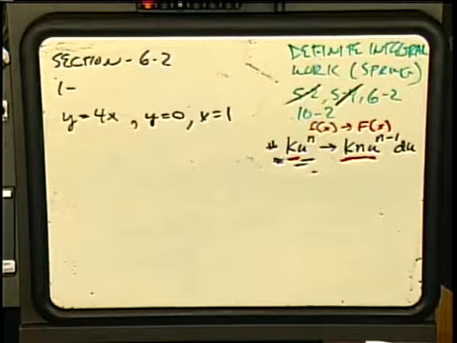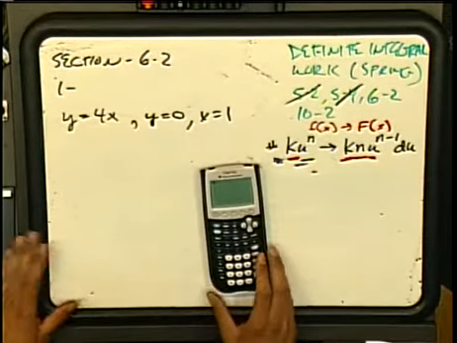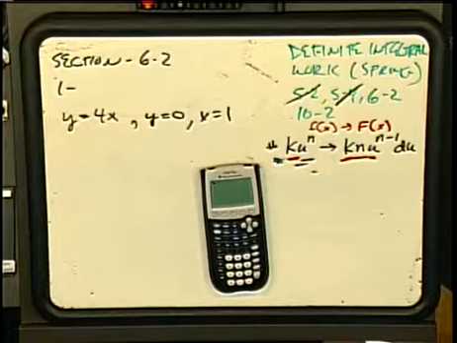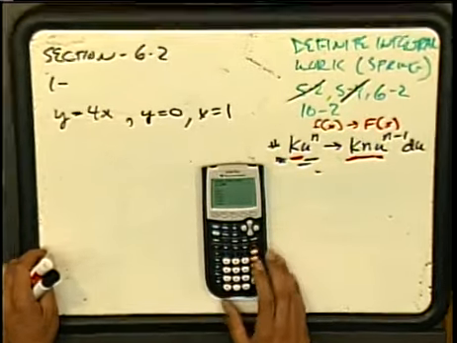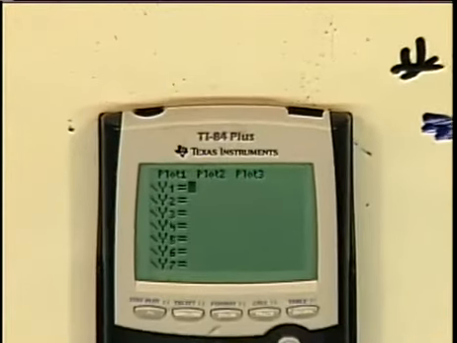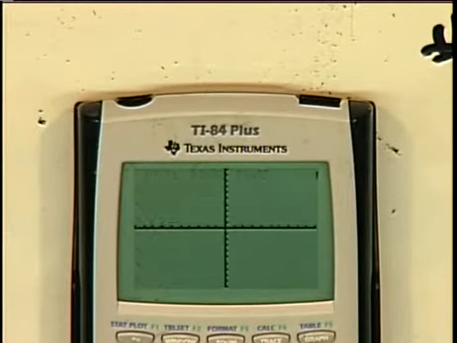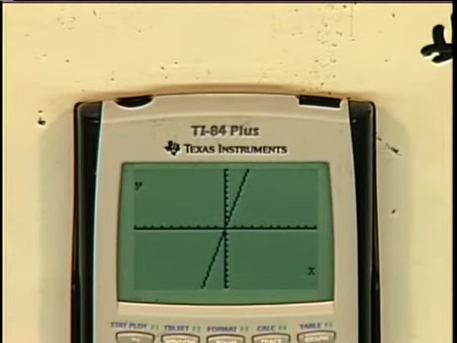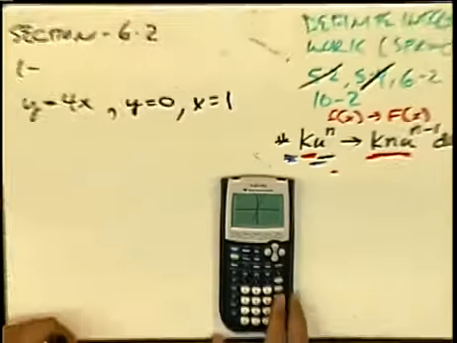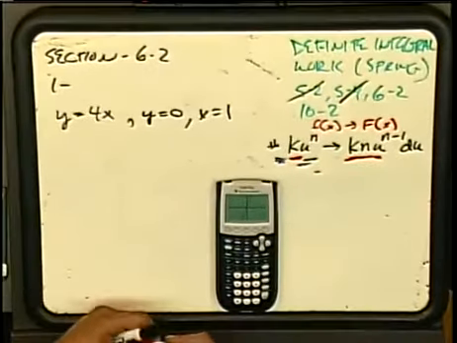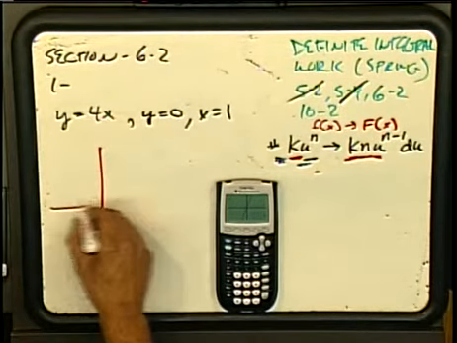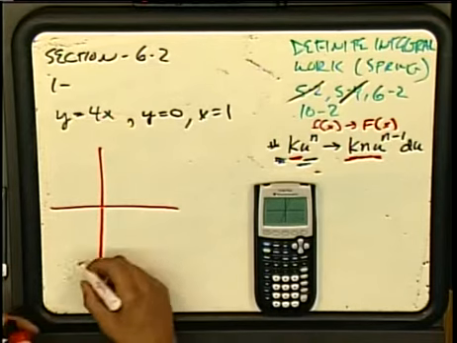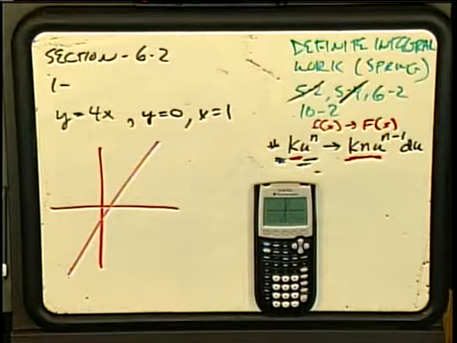So first thing I want to do is see what the graph looks like. So I'm going to graph it. 4x. And I see it's a straight line with increasing slope. I'm going to draw it. Something like that.